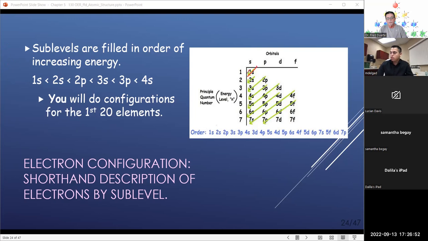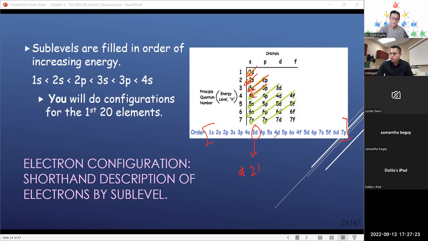The arrow going this way: 1s, 2s, and then going from 2s to 2p to 3s. You can use that. Here's this sequence right here. Now the 3Ds don't come into play until you hit element number 21. So you may not need to do any Ds until you get to that particular element, if you're asked for it.